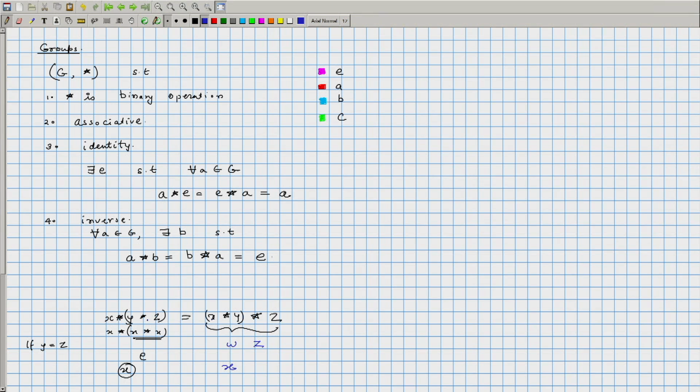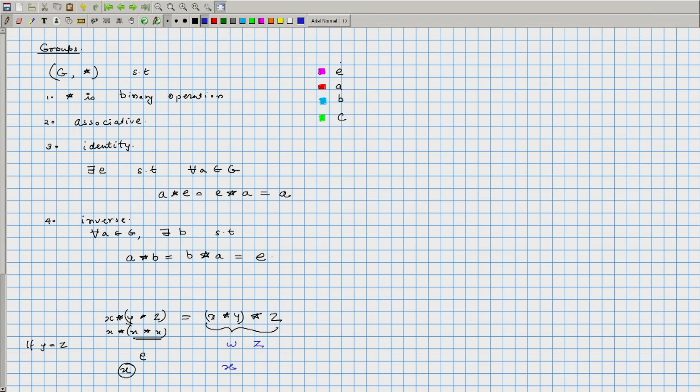Okay. So, we can verify in a systematic manner that the operation is associative, and the pink color or E automatically serves as the identity, and every element has an inverse, namely the element itself is the inverse. I mean, you take any element, its inverse is itself, because you multiply it with itself, you will always get identity, okay, or you combine it with itself, you get identity.